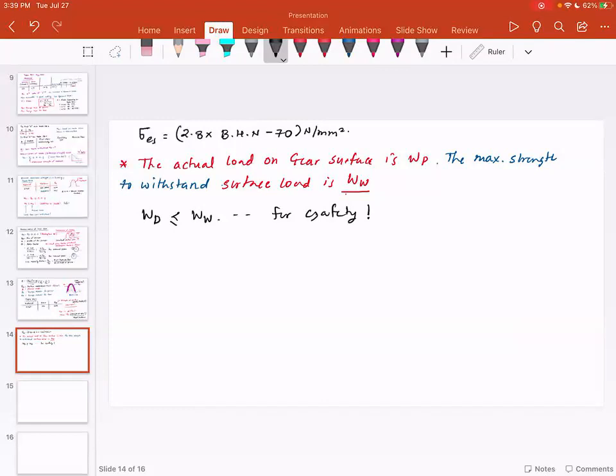With that, we are ready to start the step-by-step recipe for gear design. But before I give it to you, let me talk about what could fail a gear. So, causes of gear failure. Gear could fail because of bending.